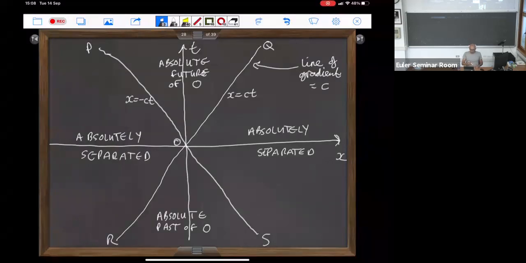And the region inside those lines, which is the absolute future and the absolute past, are referred to as light cones. So you have the future light cone of O and the past light cone of O.